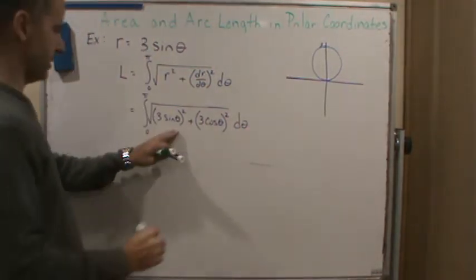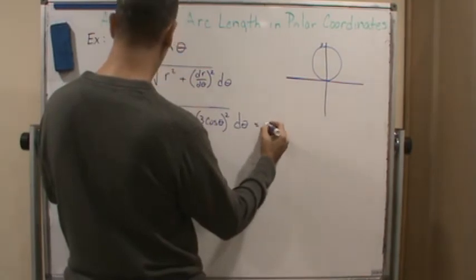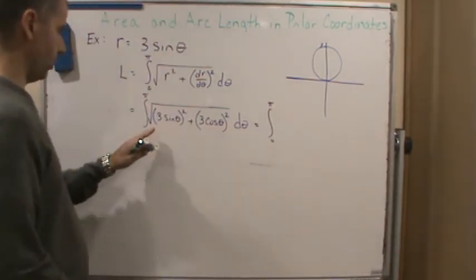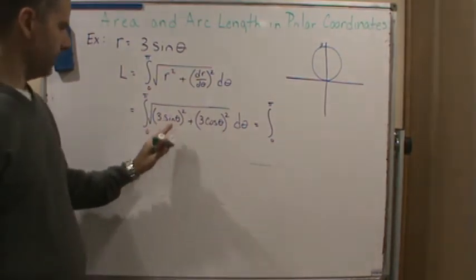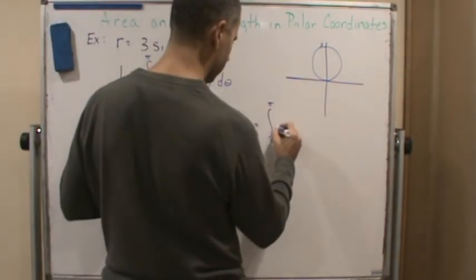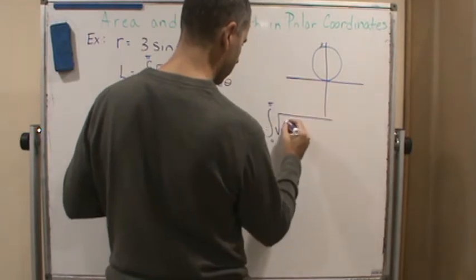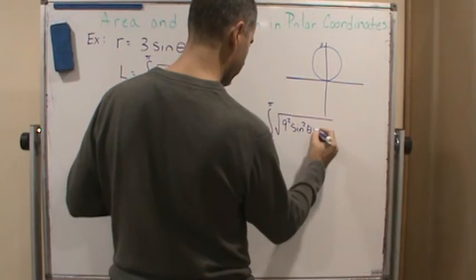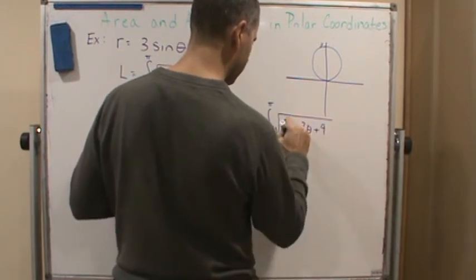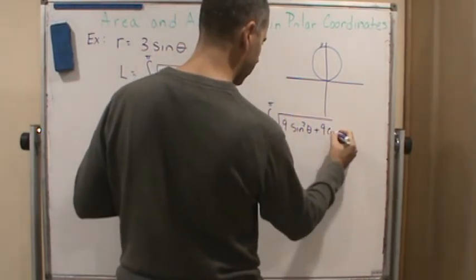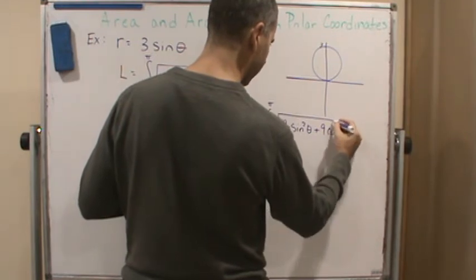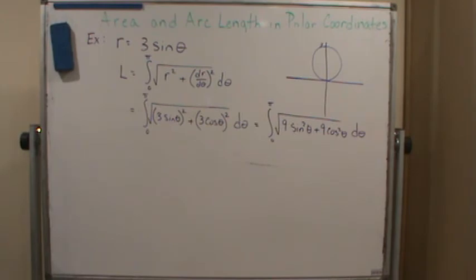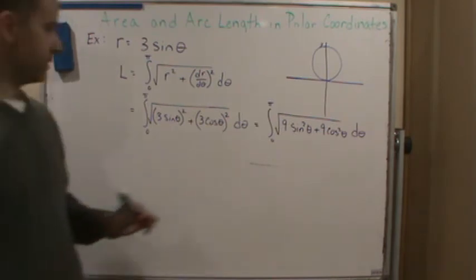So now let's simplify this. This is going to be the integral from 0 to pi, and this is going to become the square root of 9 sine squared theta plus 9 cosine squared theta, d theta.